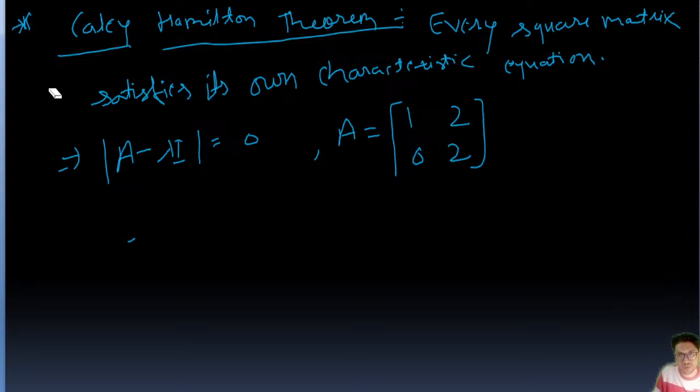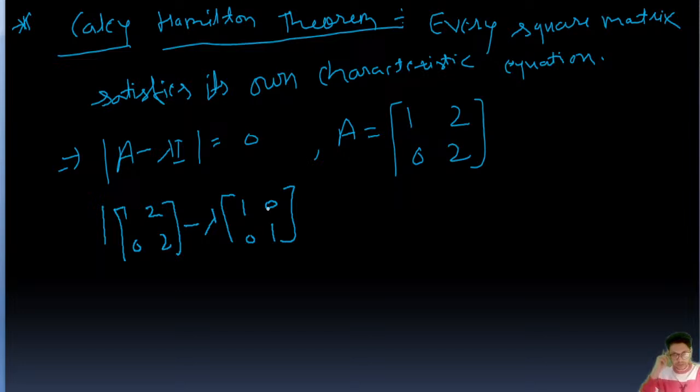So this is going to be the determinant of [1 2; 0 2] minus lambda [1 0; 0 1], and the determinant is going to be 0.